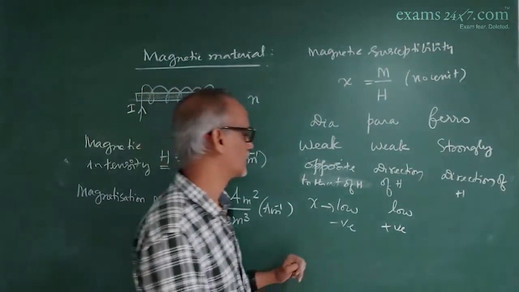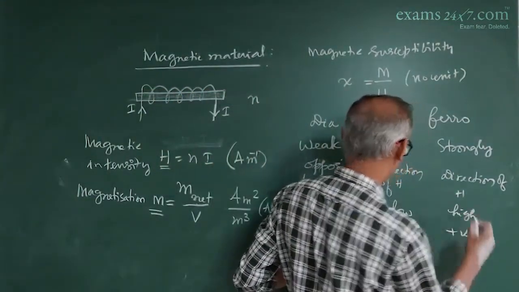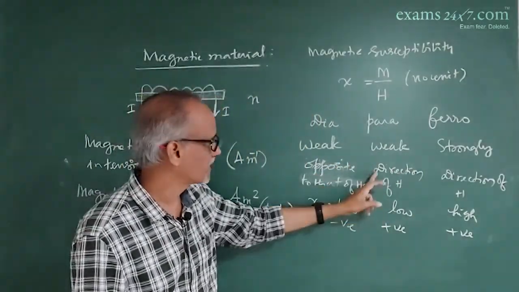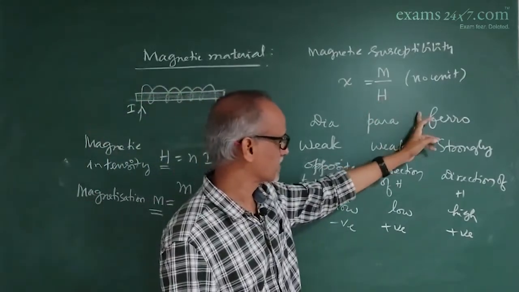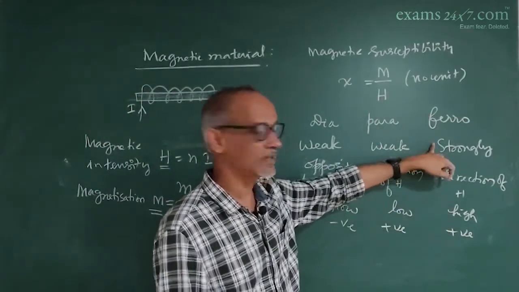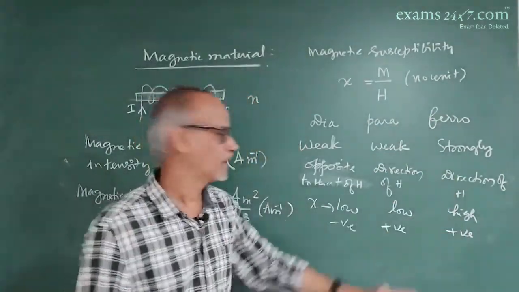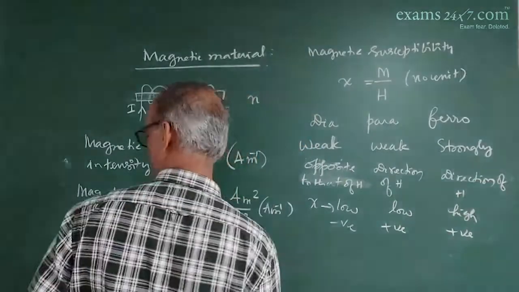And for ferro, it is high and positive. Low because it's weakly magnetized, positive because it's magnetized in the direction of H. In the case of ferromagnetic substance, again it's strongly magnetized, that's why susceptibility is high, and positive because it's magnetized in the direction of H.